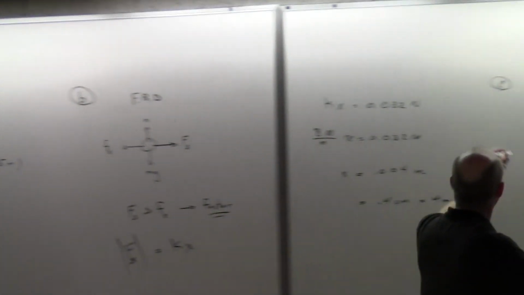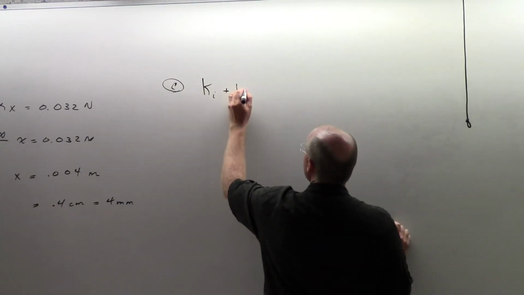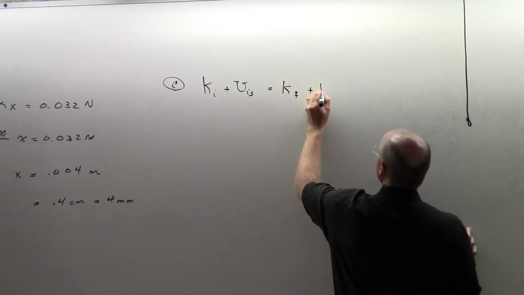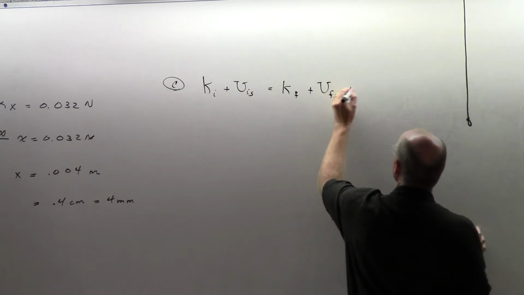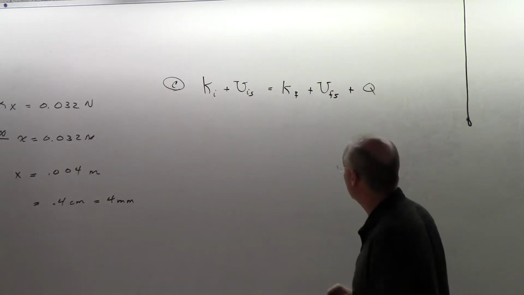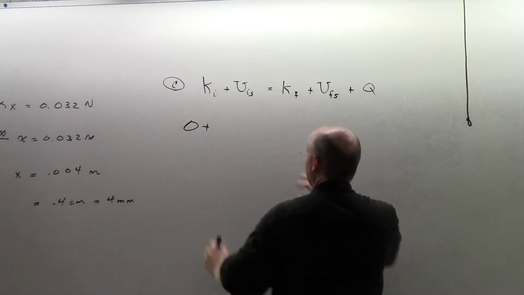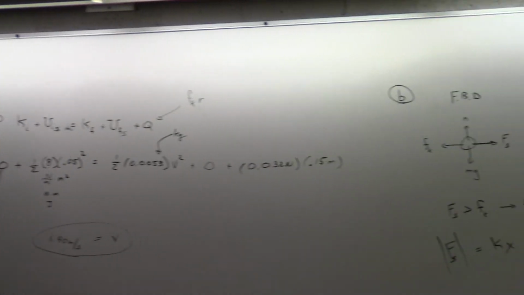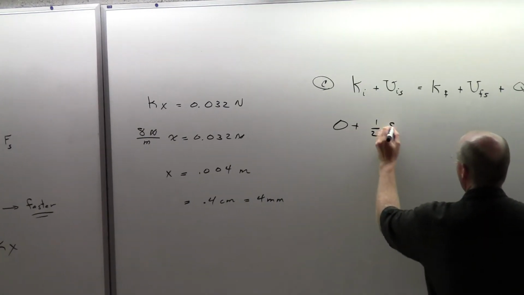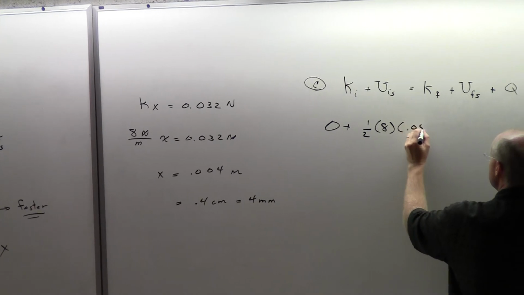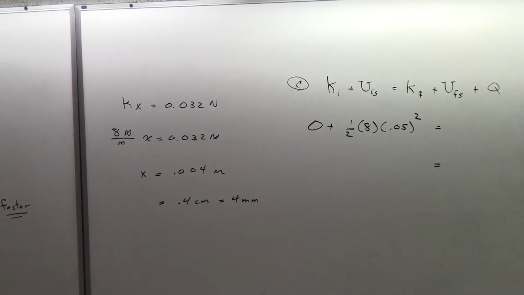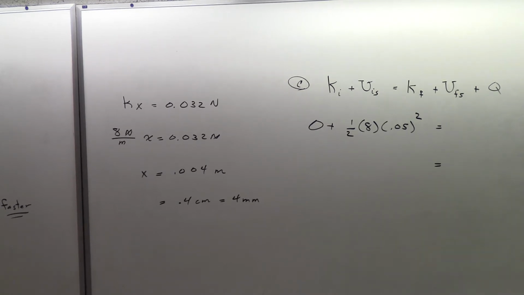All right, so initial kinetic and initial spring potential would equal final kinetic plus the final spring energy plus any heat that's created along the way. Now the first part of C is going to look just like the first part of A, where we start from rest, so 0 kinetic energy, and then the spring is still compressed, the 5 centimeters. And so there's my first bit of energy.